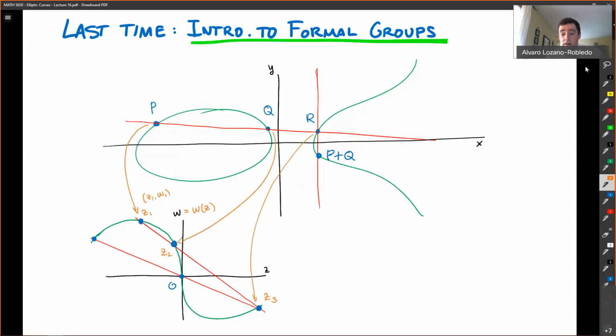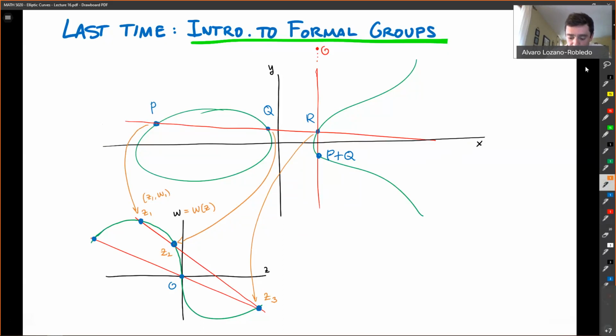And then for the addition, I reflect, or I take the line that goes through O. Remember, vertical lines go through O. And then P plus Q is over here.